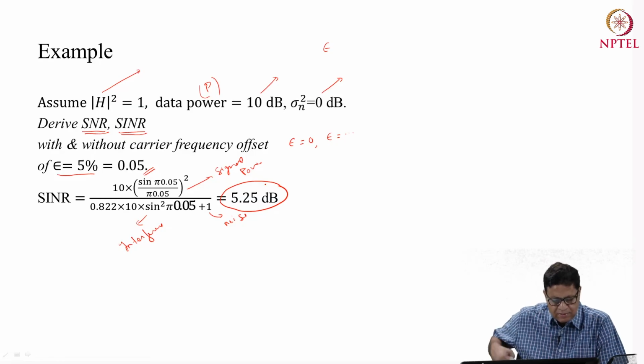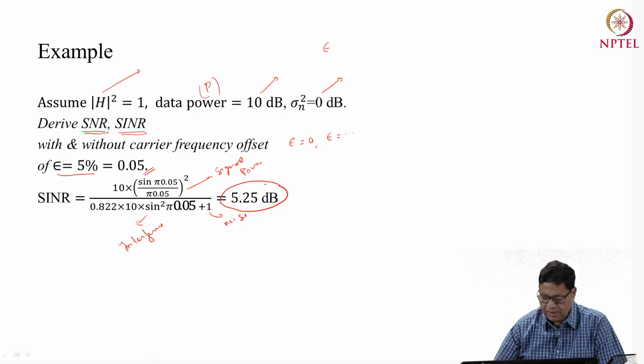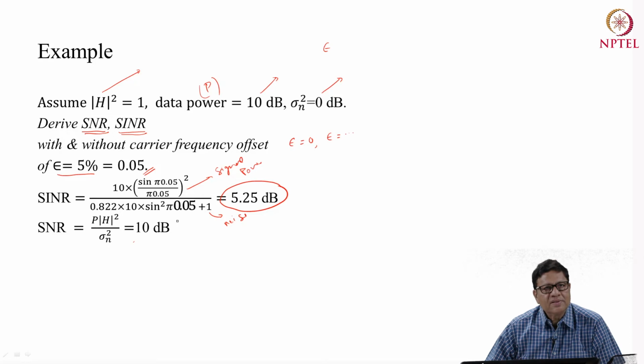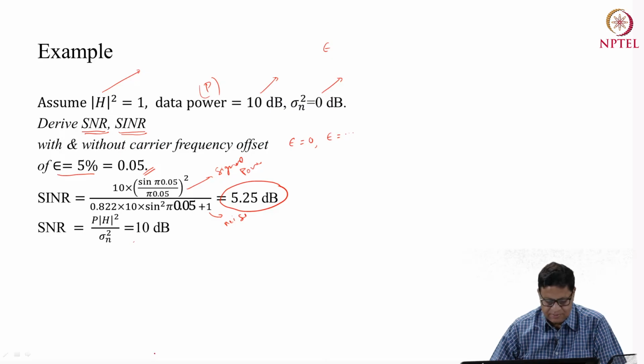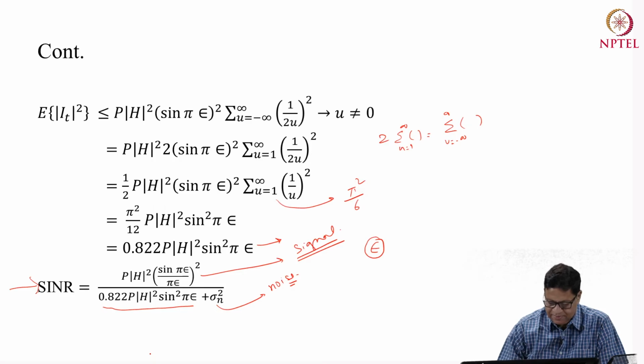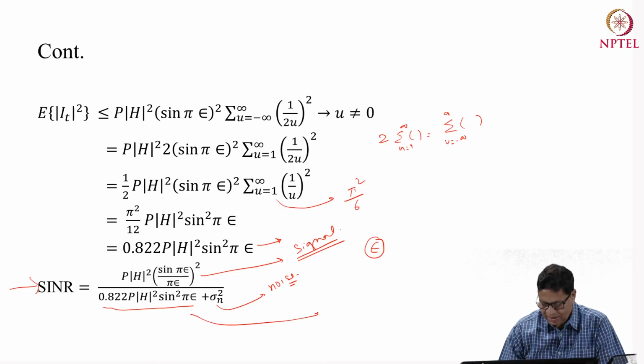Now let us calculate the SNR. SNR meaning there is no interference, that means there is no offset. The epsilon is 0. So if I keep epsilon equal to 0 here, what I get is the SNR.